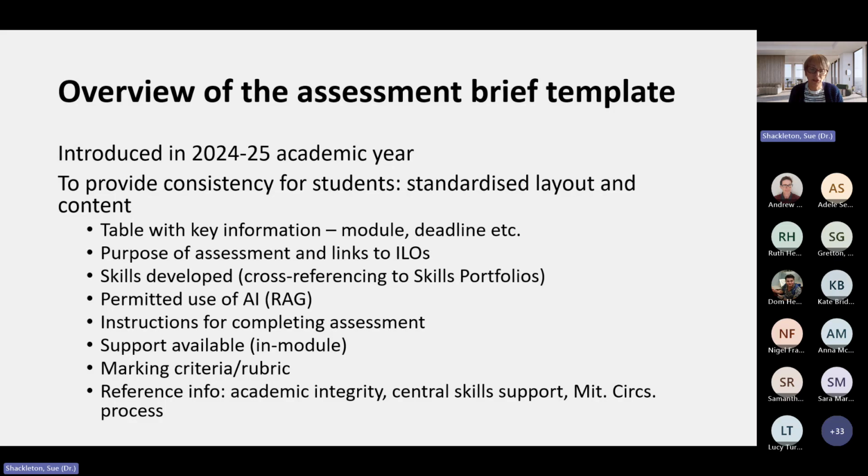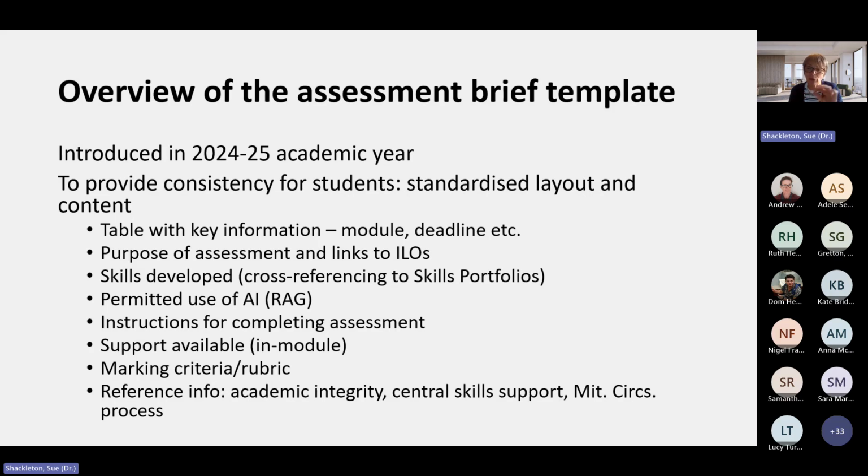So information about academic integrity, support that they can gain from our central university services, whether that's support about essay writing, general writing skills, how to research information, math skills, that kind of thing, which the university provides central support for, and how they can go about applying for mitigating circumstances if they're unable to complete the assessment.